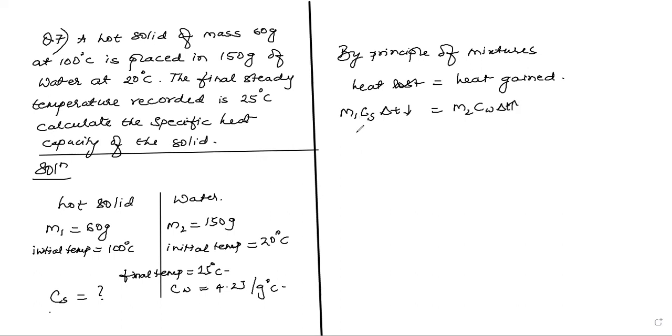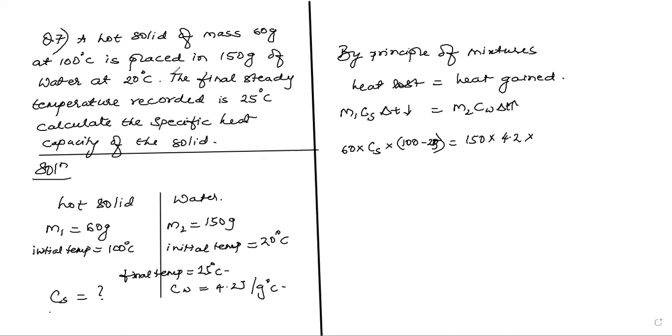And here M1 is how much? 60, C of S into falling temperature, 100 minus 25, is equal to 150 into specific heat capacity of water, 4.2 joules per gram, into delta T. What is delta T, children?